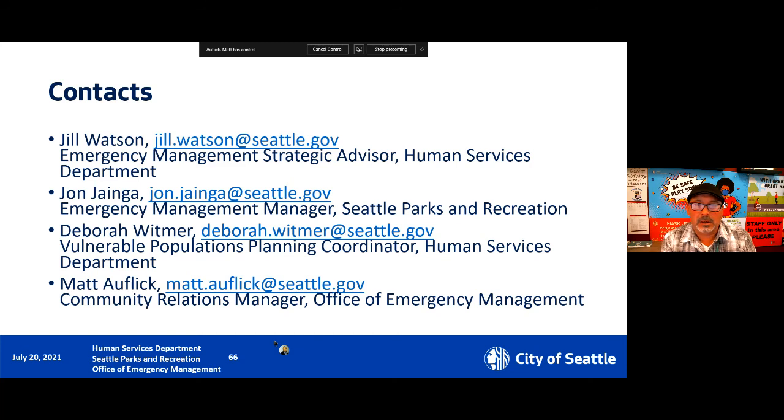And our park engineers are always closely monitoring the stability of each of our sites. So we would give plenty of notice to folks and our friends at the Office of Emergency Management on what sites are accessible to open up as a shelter.